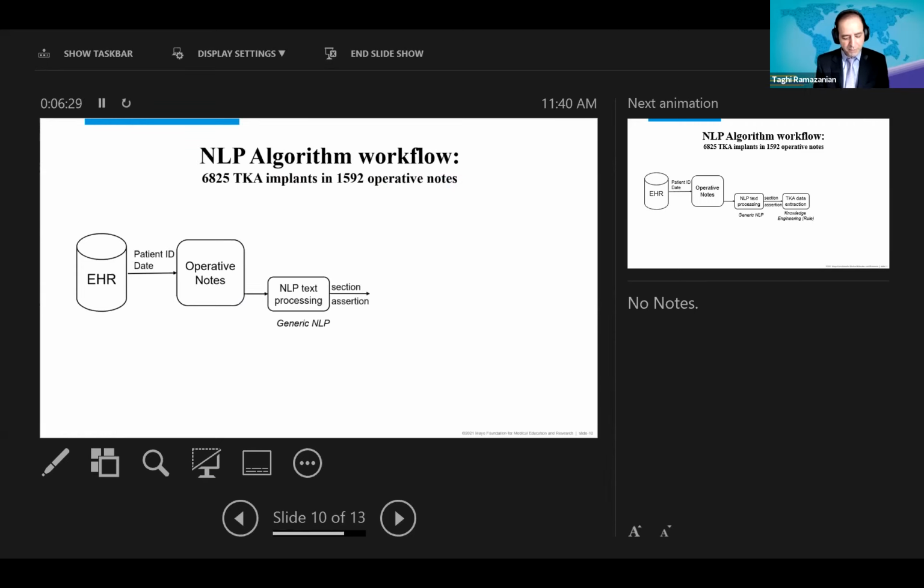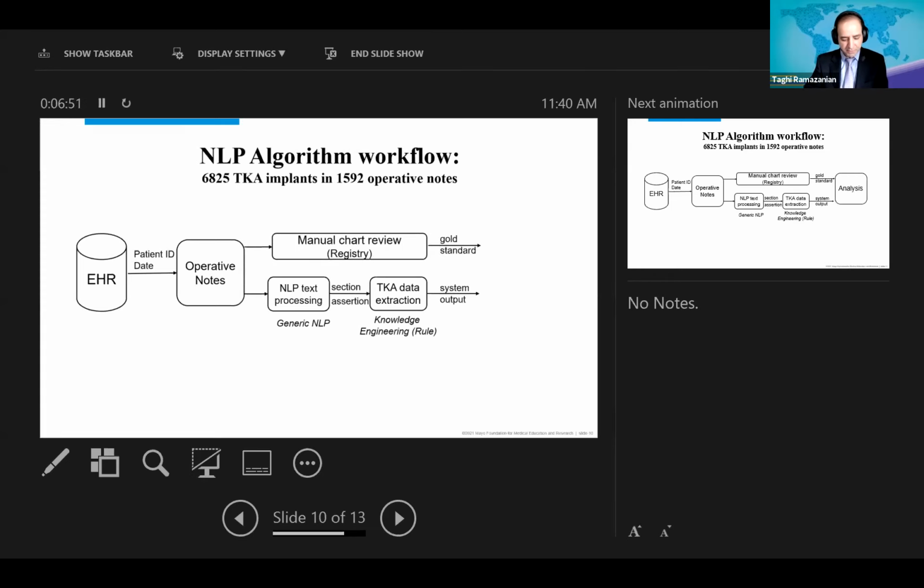Next, we use text processing for generic NLP, such as sentence segmentation, sectionization, and assertion, as a pre-processing step to apply expert-based rules. And next, we use specific rules to detect catalog numbers and implant descriptions. And then we finally compared system output with gold standard data from our institutional joint registry.